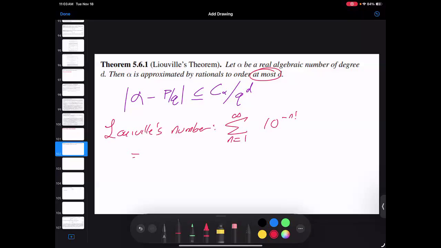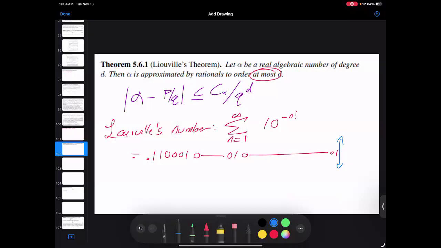So this is going to be 0.1, and then when n equals 2, I'm going to have a 1, and then the next is going to be 10 to the negative 6, and then I'm going to have a bunch of zeros and then a 1, and then an even longer bunch of zeros and then a 1. This is really sparse, and because it's so sparse, if you chop it off here, the error you make is really small because things are going at a factorial rate. This number is extremely well approximated.